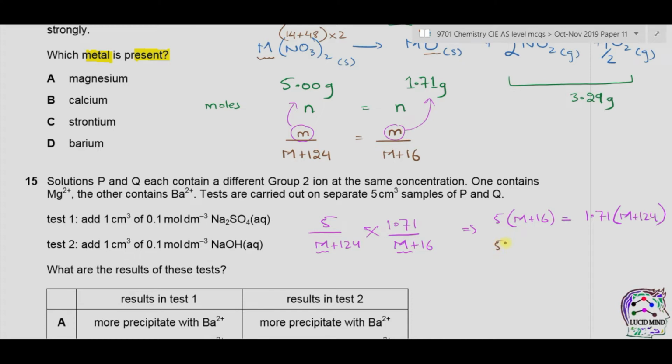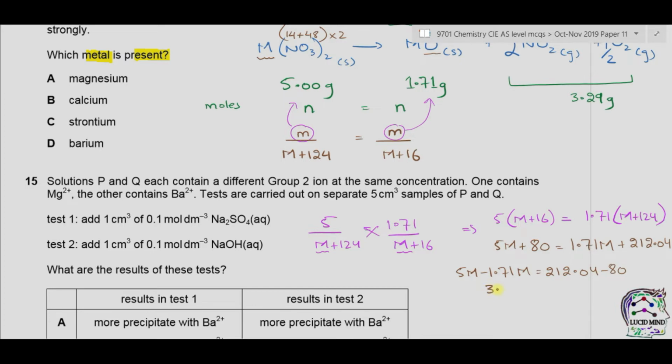Now it will become 5M plus 16 times 5, which is 80, and 1.71M plus 1.71 times 124, which becomes 212.04. Now 5M minus 1.71M equals 212.04 minus 80.